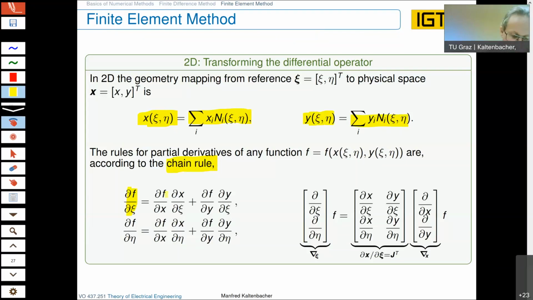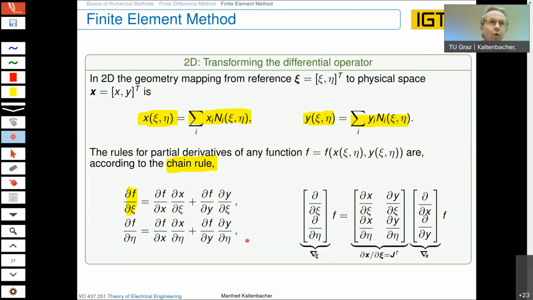You can do first a derivative of f with respect to x, and then the inner derivative of x with respect to psi, plus, as you know from the product rule, the derivative of f with respect to y and y with respect to psi.